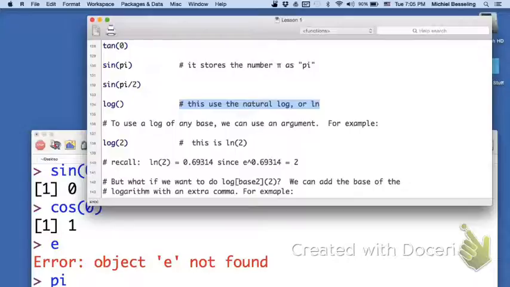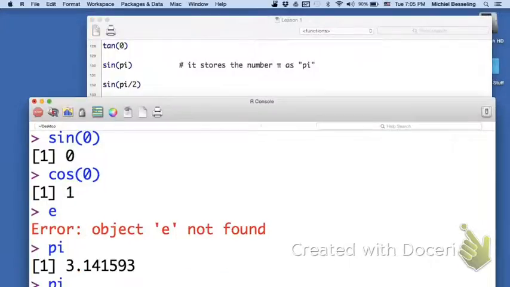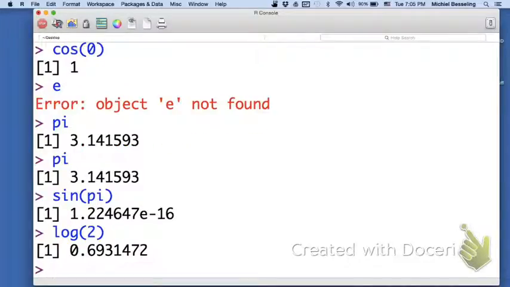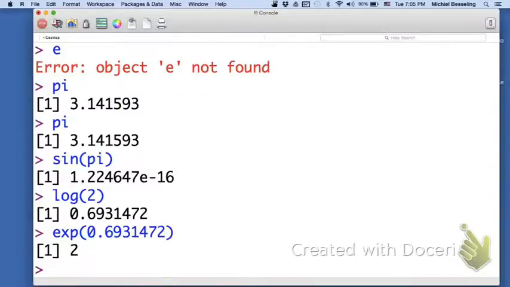So if I just do log of 2, this is actually going to get me the natural log of 2 with the base e. So what we're saying is essentially e to this power, so that's exp, e to the 0.6931472 power should be 2, and indeed it is.